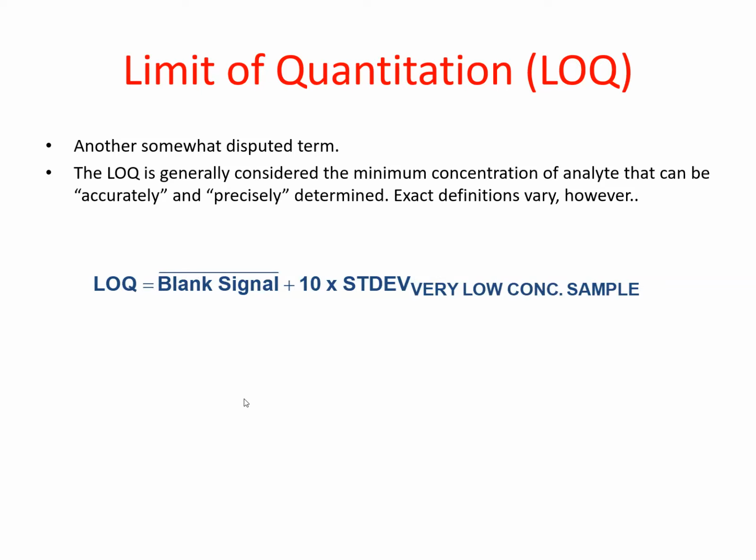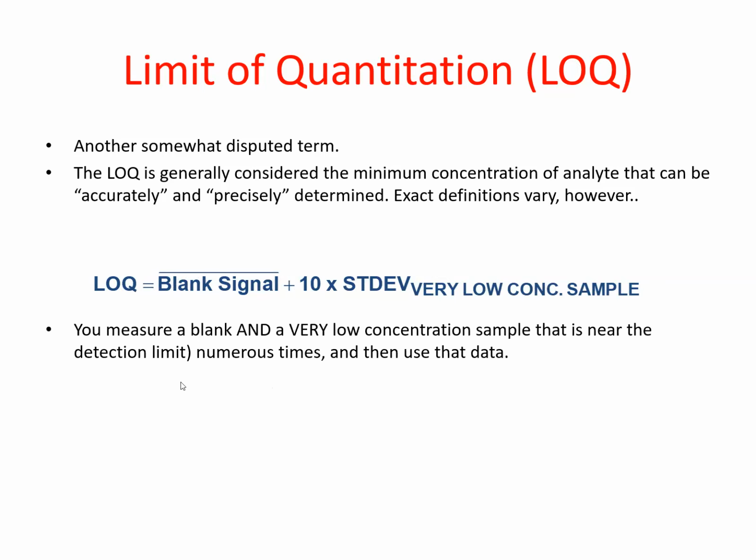We are 10 times above the blank signal. That's called the limit of quantitation. So in general, if you want to determine the limit of quantitation, you measure a blank and a very low concentration sample that is near the detection limit many times, and then use that data. 10 is the typical number of replicates that we normally use.